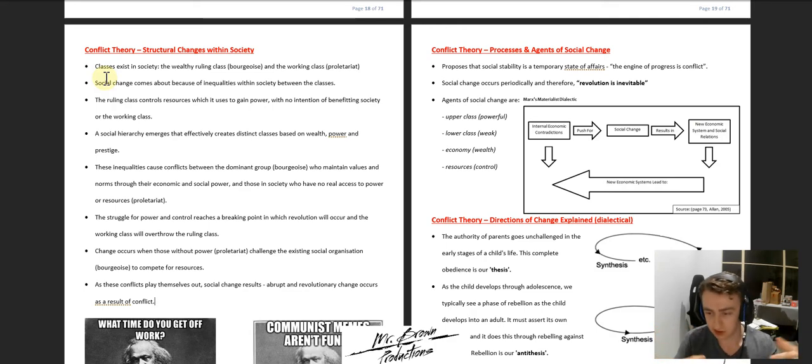So what happens is that over time there's conflict that occurs between those two because of the wealth gap and the wealth disparity, and eventually that leads to a breaking point where the lower class can't take it anymore and they snap, and then something happens to create change, and it's a really big structural change.